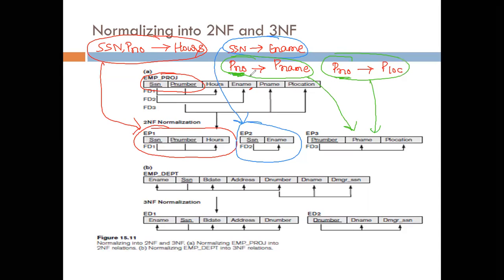Then another non-prime attribute, name, depends on SSN. Another non-prime attribute, project name, depends on project number, and project location depends on project number. So all three combinations are there, one on both, another on a single attribute. So all the things are put together.